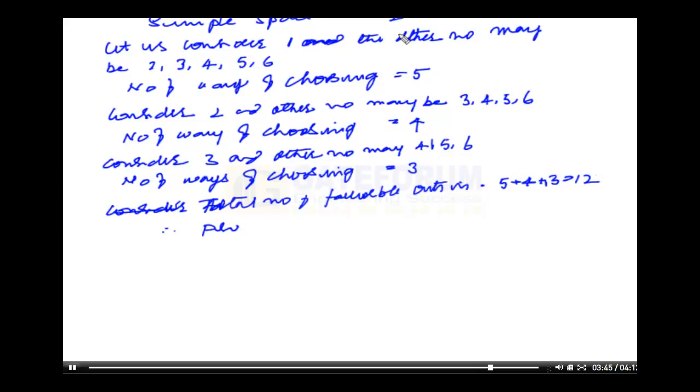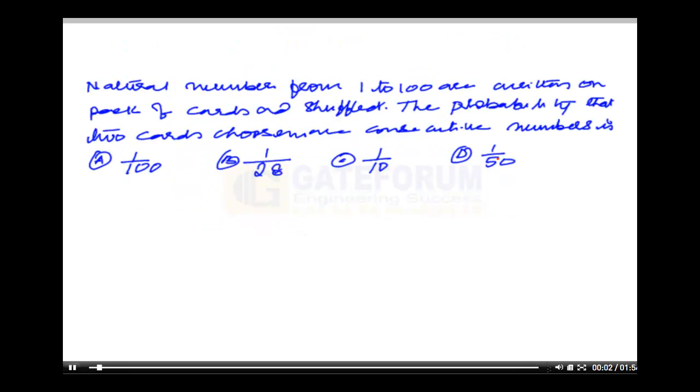Therefore, the probability, that is E, of choosing one of the two numbers less than 4 here is 12 by 6C2, which is equivalent to 12 by 15, that is 4 by 5. Hence your answer is A.